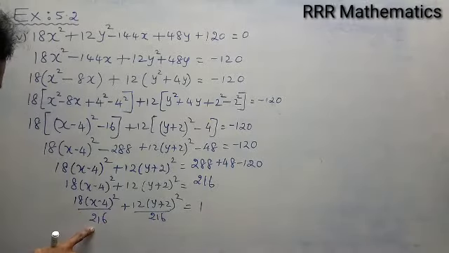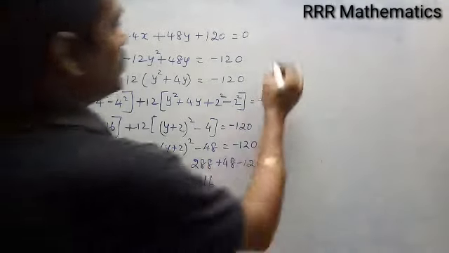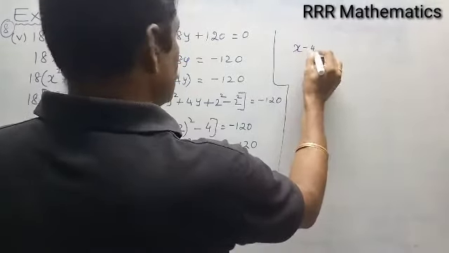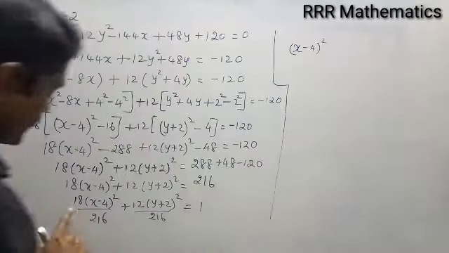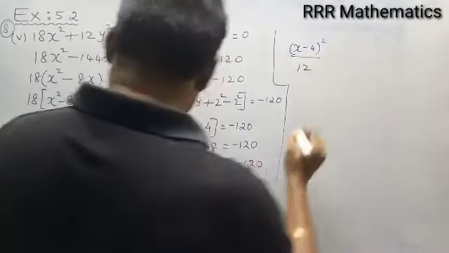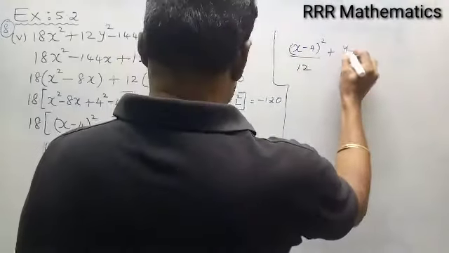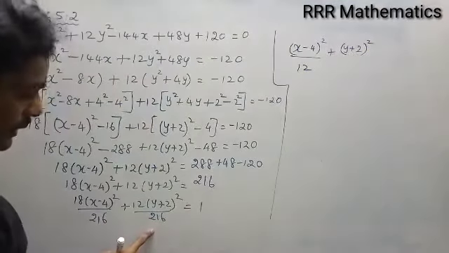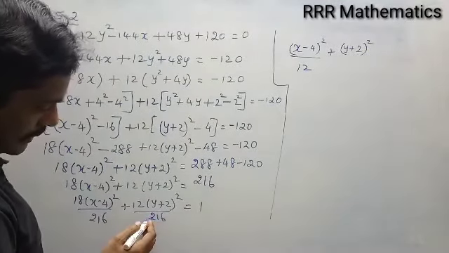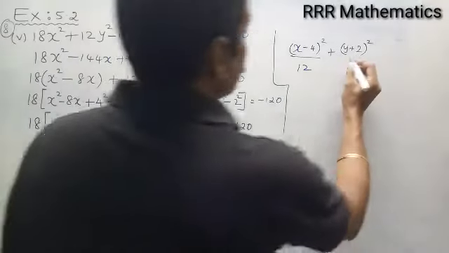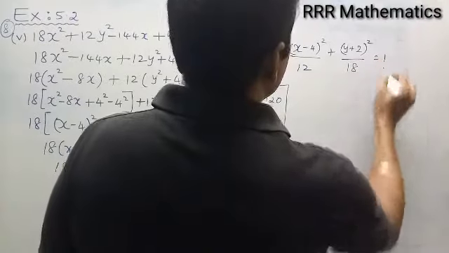Cancel this 18 here, and how many 12 here? 12 cancel here. So it will be 18 equal to 1.